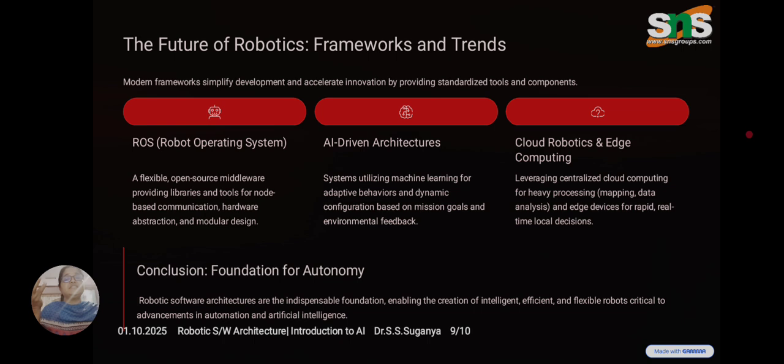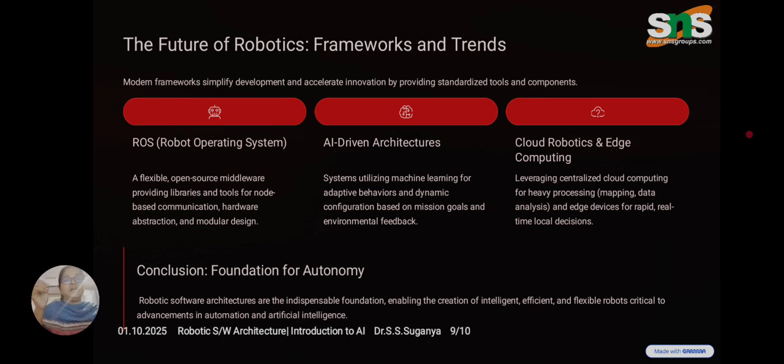Next we are going to see the future of robotics, where modern robotics relies heavily on standardized frameworks like ROS, AI-driven architectures, and cloud robotics and edge computing. ROS stands for Robot Operating System, which provides modular tools, libraries and communication interfaces.